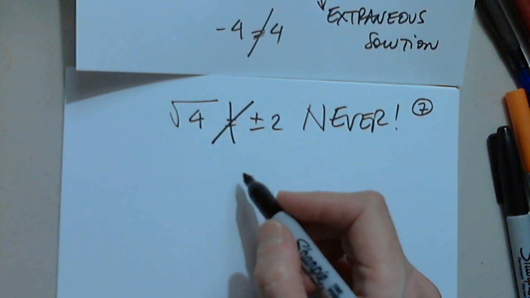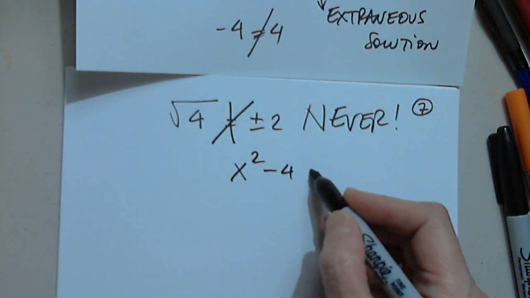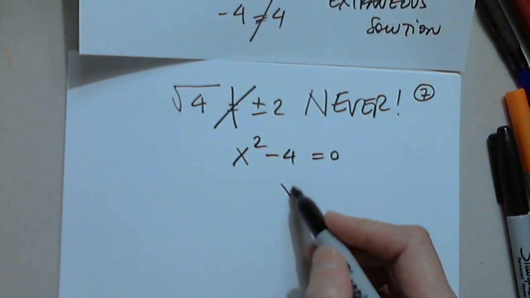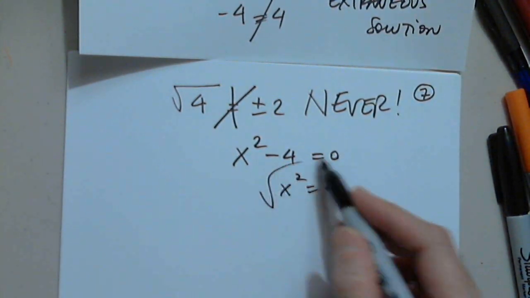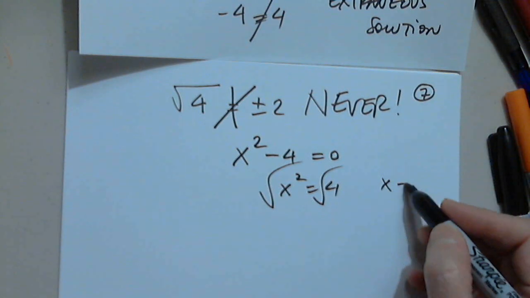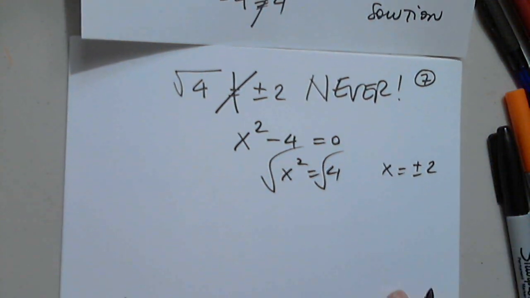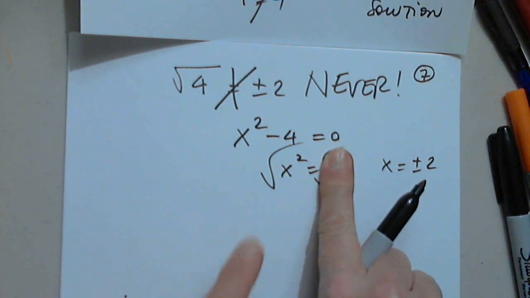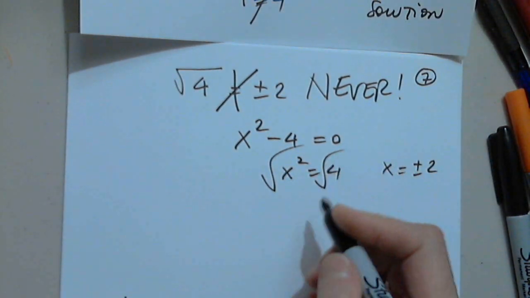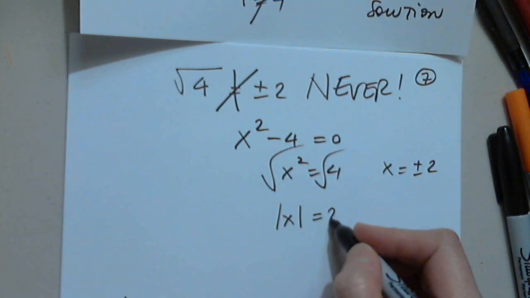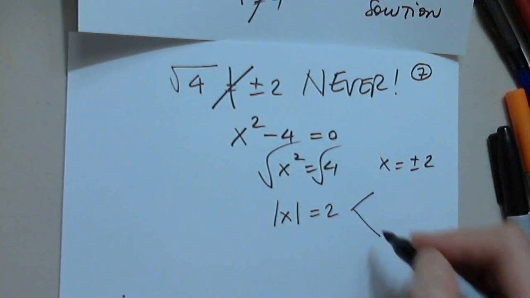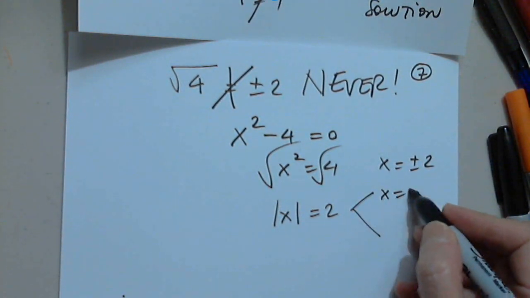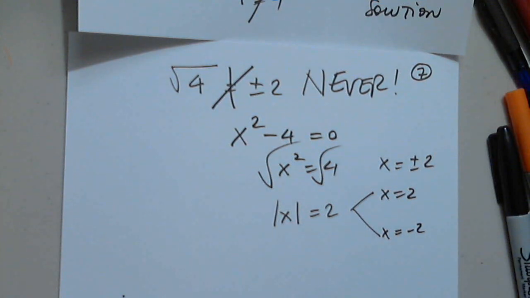What students remember is x squared minus 4 equals 0, x squared equals 4, and taking square roots and writing plus or minus 2. But the plus or minus doesn't come from this side. It comes from this side, because it's the absolute value of x equals 2. That has two possibilities: x equals 2 or x equals negative 2.